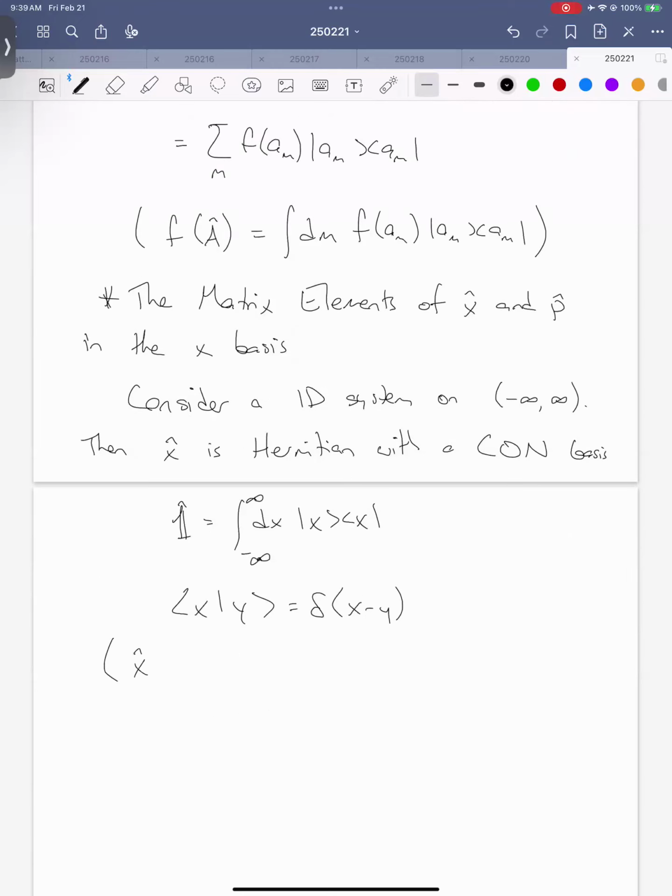So just to be clear, the X operator acting on the X eigenket gives me the number X multiplied by the X eigenket again. And then the X operator acting on the Y eigenket is the Y eigenvalue multiplied by the Y eigenket.